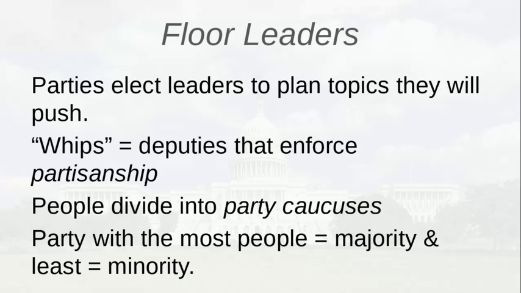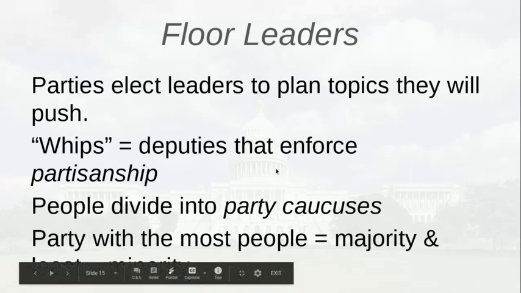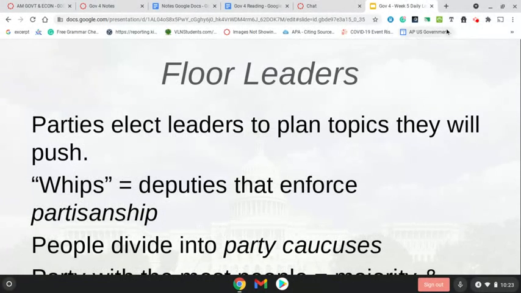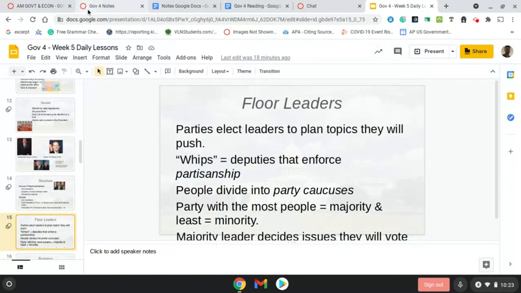If someone's really popular with their constituents, the party isn't going to be able to force them to vote in any way. But if they live in a really tight district where they just win election by a small percentage, they obviously need the party's help and its money, and so they're going to more likely vote whatever way the party wants. So that's just the basic leadership that exists, and that actually takes place in both houses.